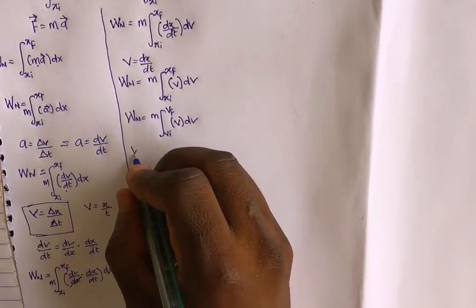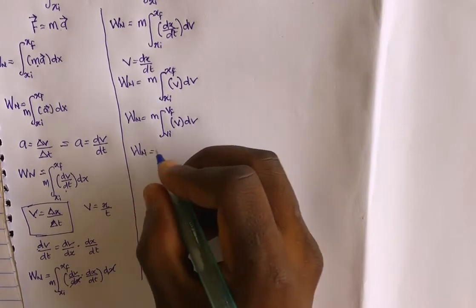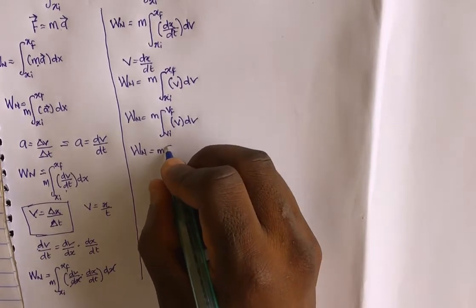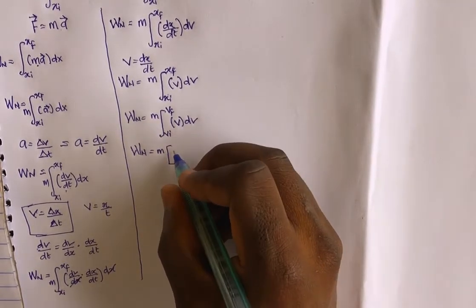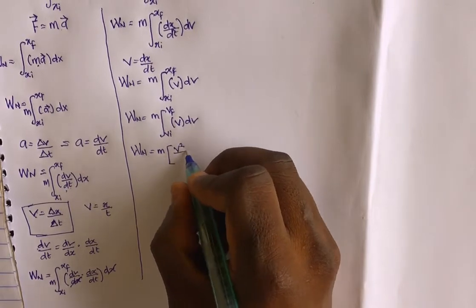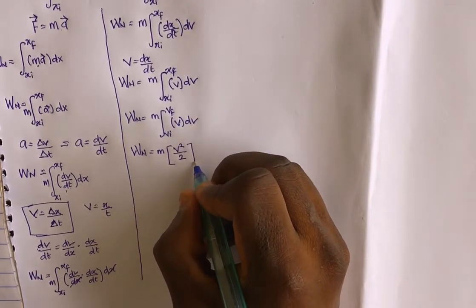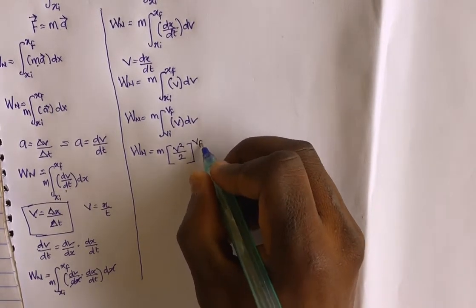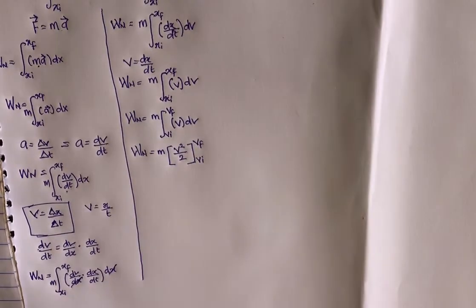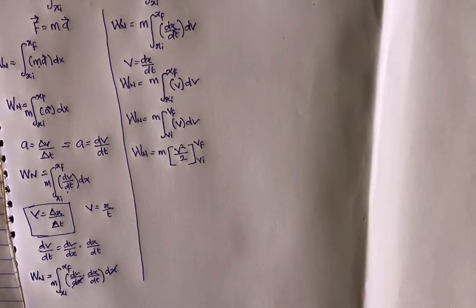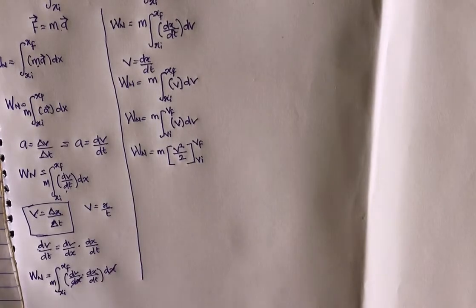Net work done equals mass times bracket: if you integrate this, you have v raised to the power of 2 divided by 2, from initial velocity to final velocity. Can you see that?